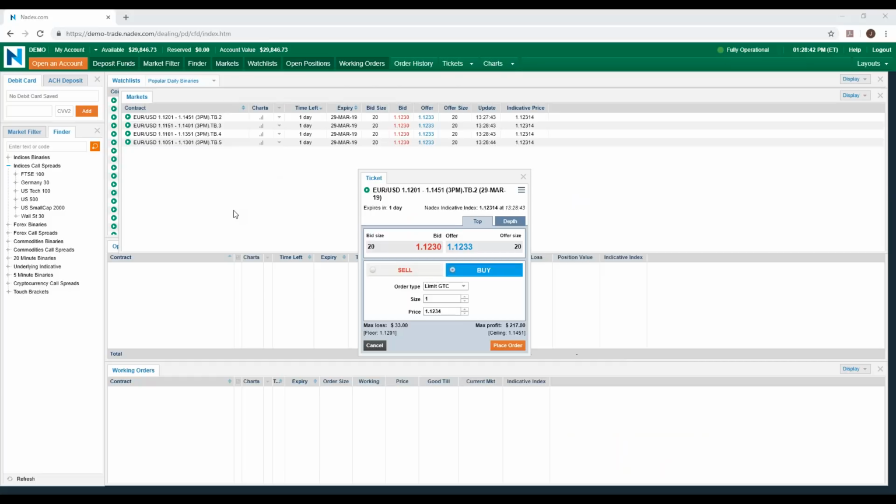So that is a huge, huge benefit to Nadex: capped risk, for when a flash crash happens or a crazy news event comes out and the market just pings hundreds of pips out of nowhere. Your risk is limited.